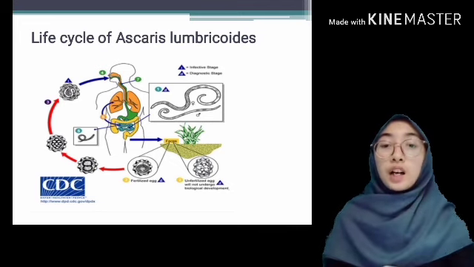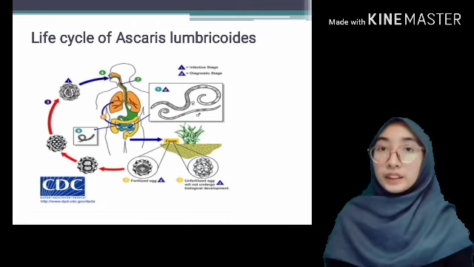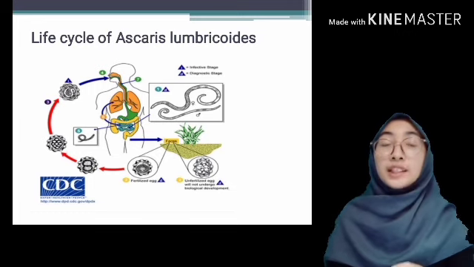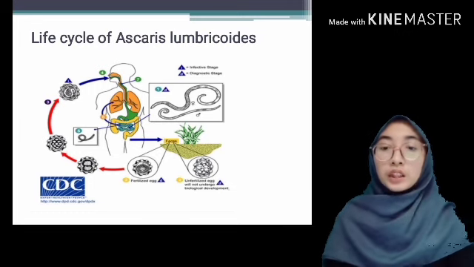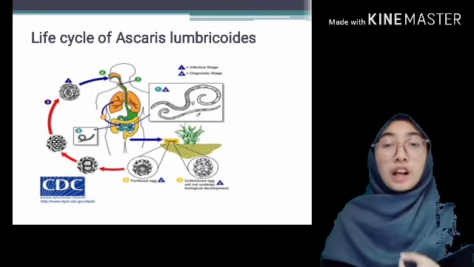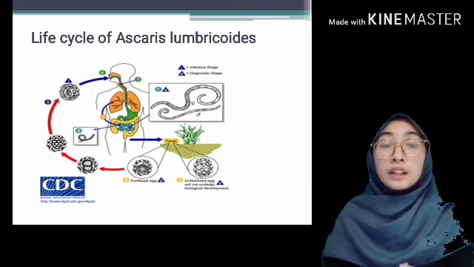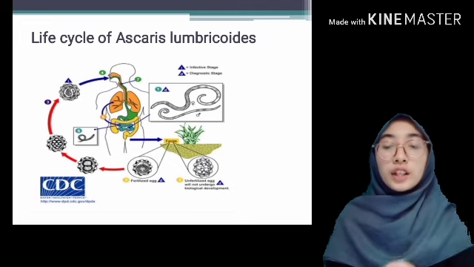If humans swallow infective eggs, the eggs hatch into larvae in the small intestine. The larvae enter the intestinal mucosa and are carried into the hepatic circulation and reach the alveolar tissues.